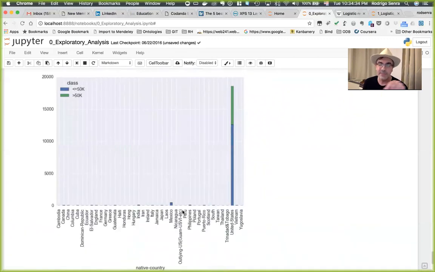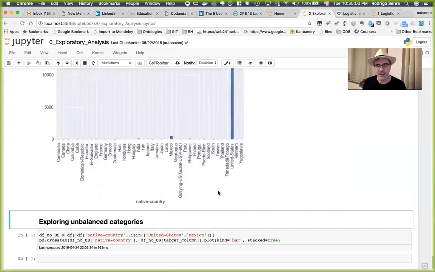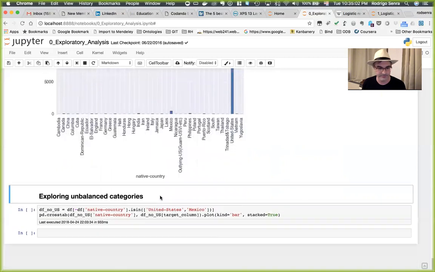And this is interesting. This diagram is showing us that we have many more values for people living in the United States than for people living in other countries. So using the native country attribute is a poor basis for conclusions because our sample is very imbalanced regarding that particular variable.